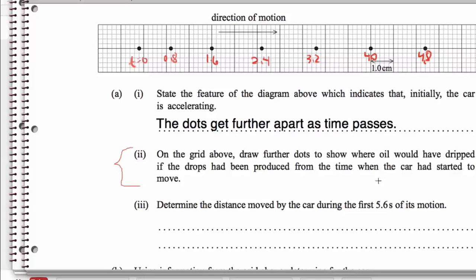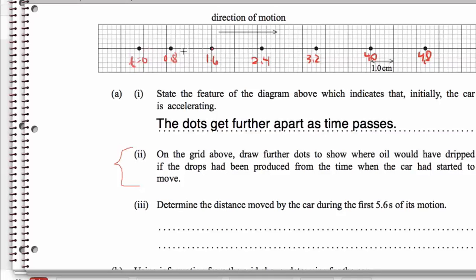But we will determine the distance moved by the car during the first 5.6 seconds of its motion, which is out to here. Now let's go ahead and count squares. So we got 1, 2, 3, up to 30.